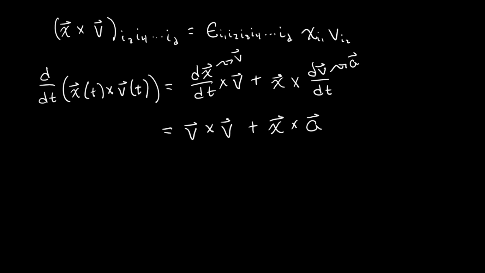But remember that the cross product picks out perpendicular pieces of vectors. In this case, I'm trying to find the perpendicular pieces of two of the same vectors. Well, the same vector is always going to be parallel to itself, so it's never going to have any perpendicular component, and this first part automatically goes to 0.